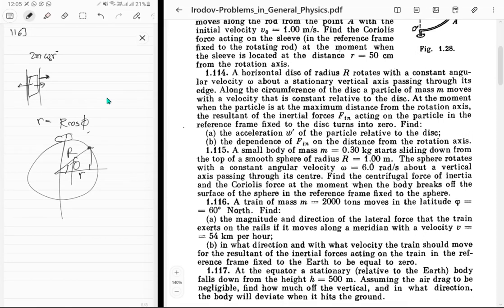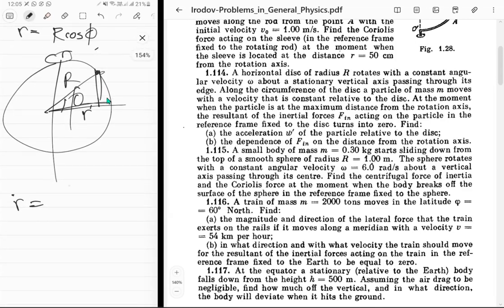So small r is capital R cosine phi, and we just take the derivative of this. So r dot is negative R sine phi times d phi upon dt. And we just talk about magnitude.